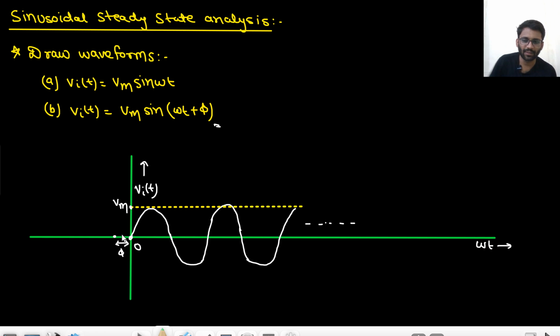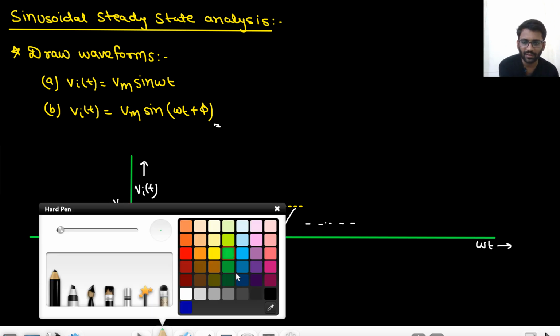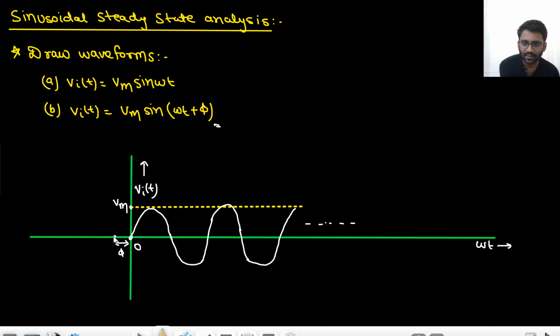The phi value can be anything. So the other one will start from here. It will have the same maximum value. So it is leading by phi. Are you getting my point?